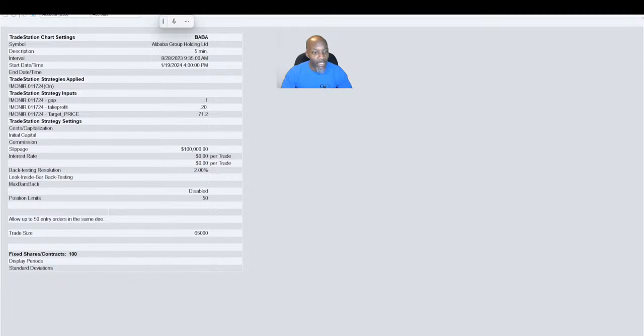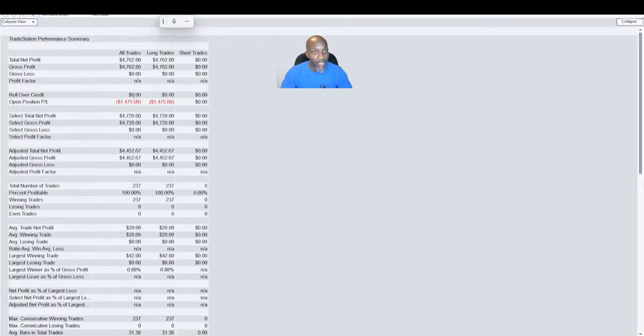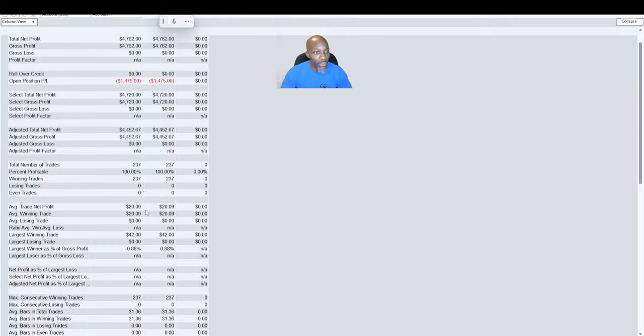But you see the performance summary, it made $4,000, but then how much do you have open? I thought this would show how much you have in open trades.